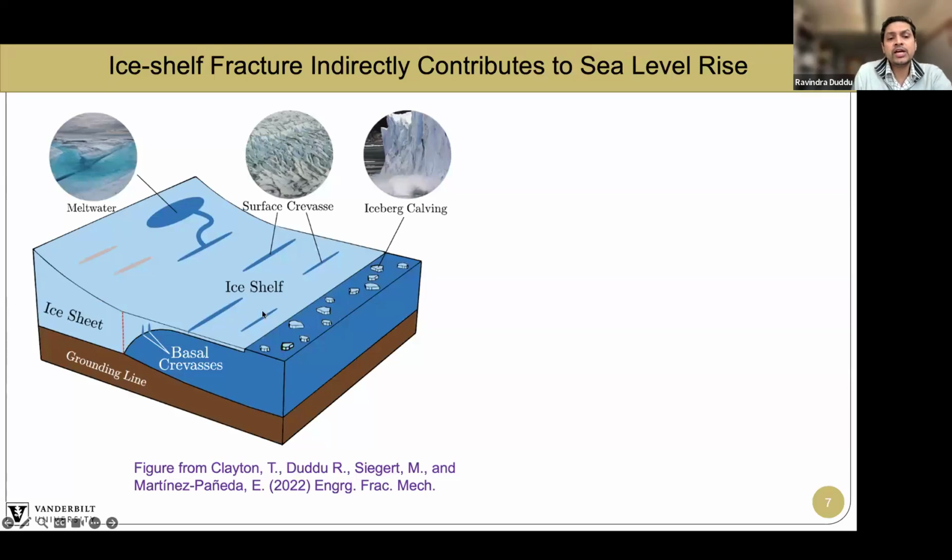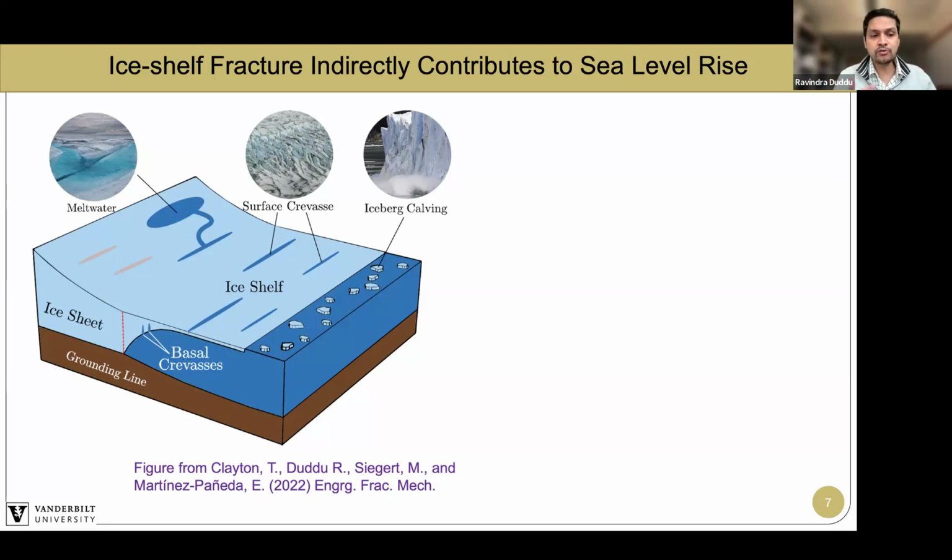Whereas on the top, the surface crevasses are mostly not water filled, except in a few regions where they could be filled with meltwater, which happens due to warmer conditions on the surface. When that meltwater flows in, it adds additional stress into the fracture so that it can drive the propagation deeper.